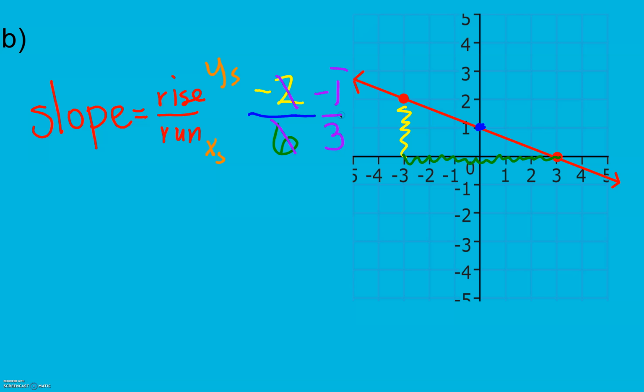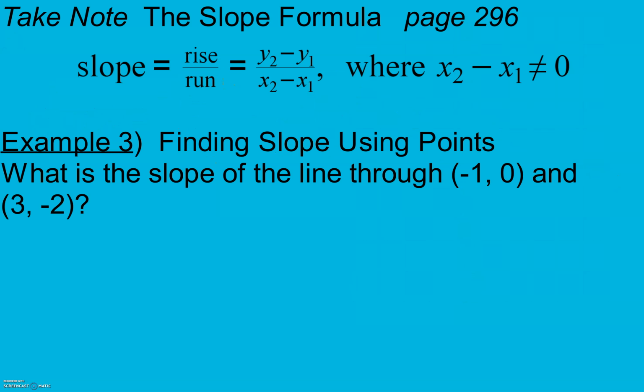And I get negative 1/3, which again, if we just went down 1 and over 3, it would also get me to our line. Take note of the slope formula on page 296.